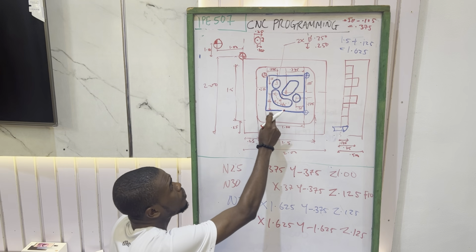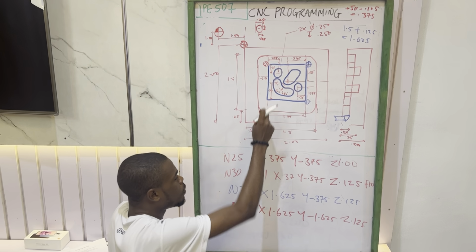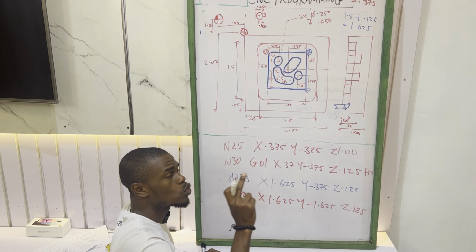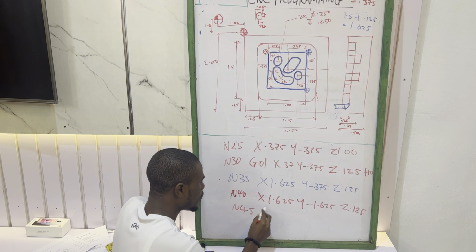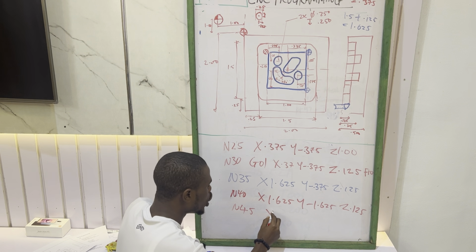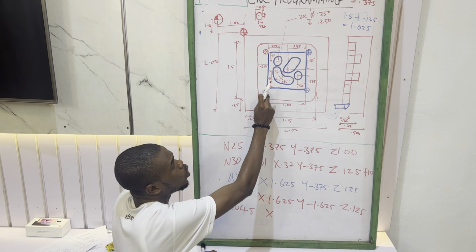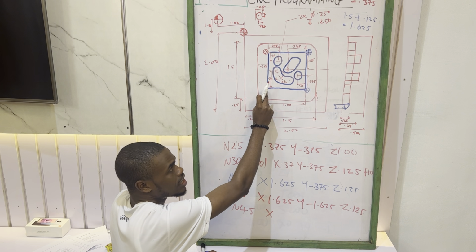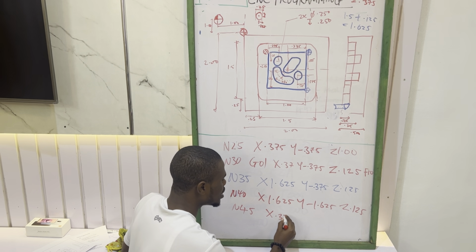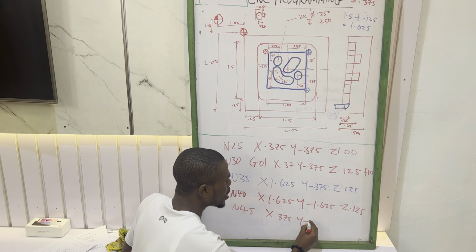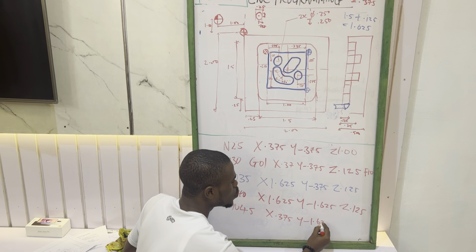The next one, we are moving to this point. When you move to this point, your x will change, but your y remains the same. That's our N45. Your x is changing back to 0.375, while your y remains the same, 1.625.